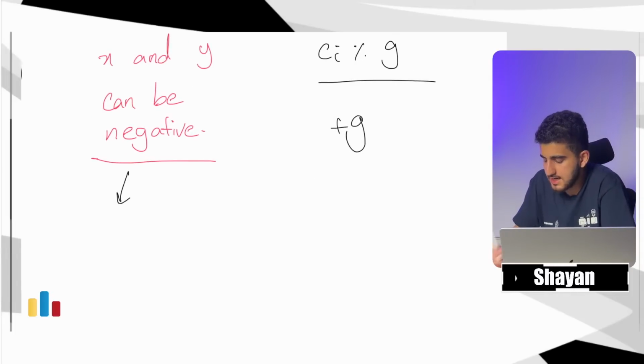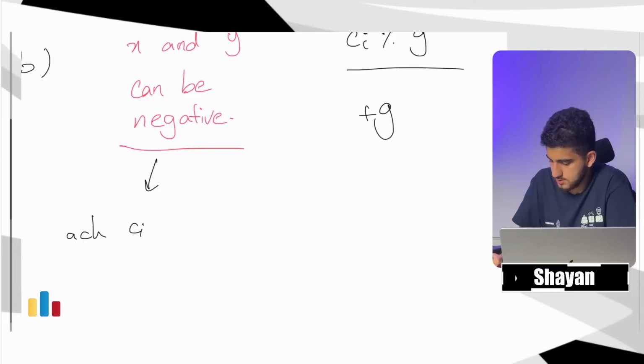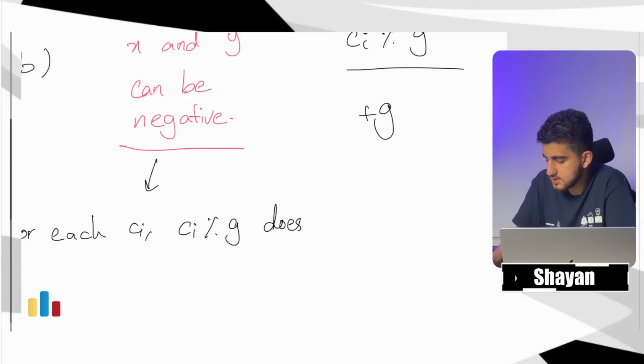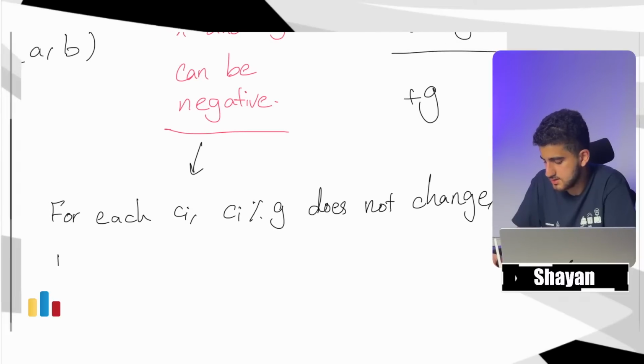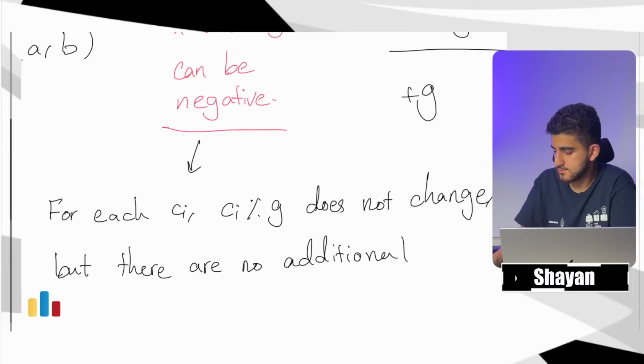We show that if they can be negative, for each CI, CI modulo G does not change, but everything else can change. But there are no additional constraints.